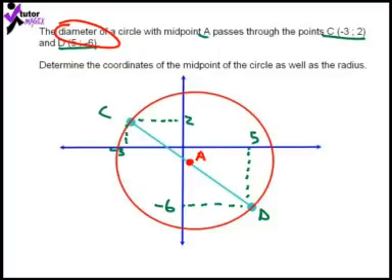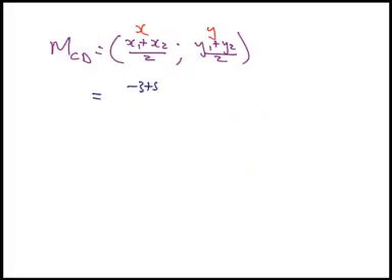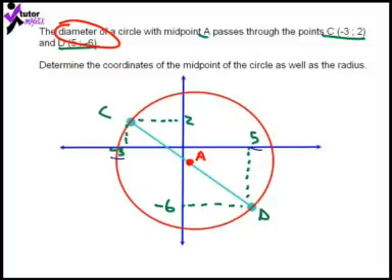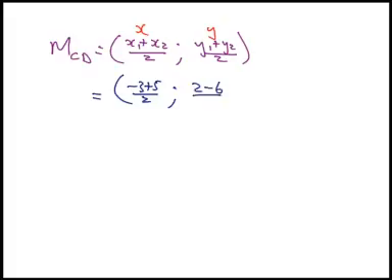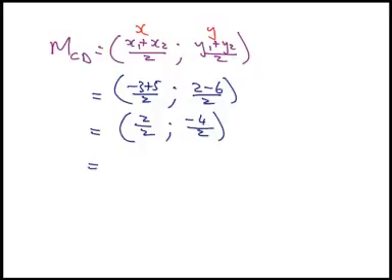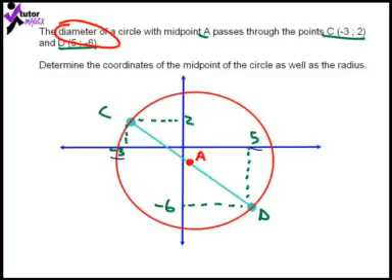So we just need to choose the two x values, -3 plus 5 over 2, and for the y values 2 plus -6, or 2 minus 6, over 2, and that will give us 2 over 2 and -4 over 2, which is 1 and -2. So the coordinates of the midpoint would be (1, -2), and we can write there x coordinate, y coordinate.